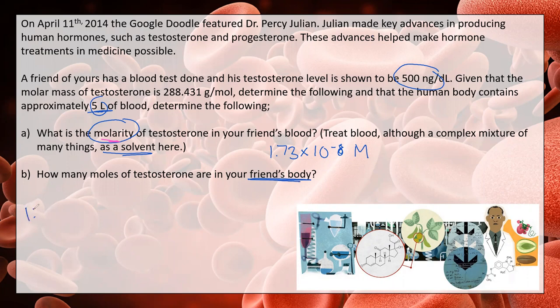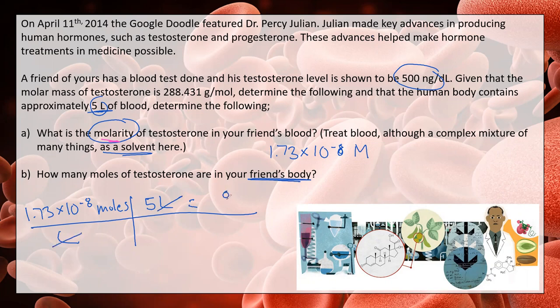So 1.73 times 10 to the negative 8 moles per liter, right? And then 5 liters. So you're just multiplying this by 5. These cancel out. I get 8.67 times 10 to the negative 8 moles.